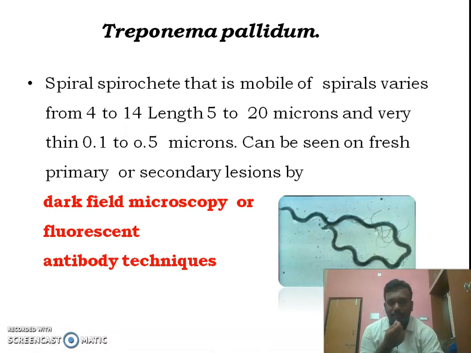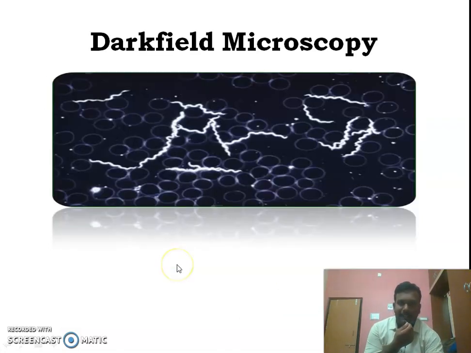Coming to our Treponema pallidum, it's a spirochete having 4 to 14 spirals and a length of 5 to 20 microns, and it is very thin in nature. The width is 0.1 to 0.5 microns, so it can be observed in dark field microscopy or by fluorescent antibody techniques.